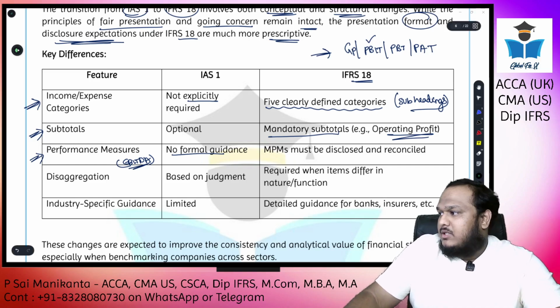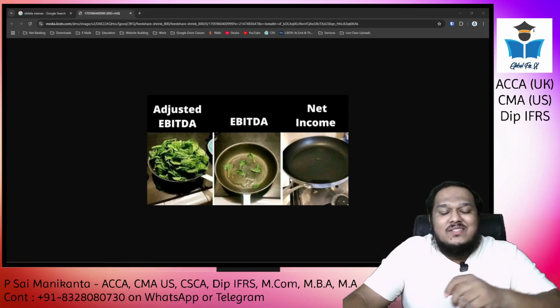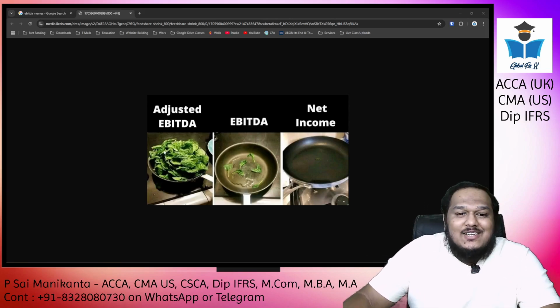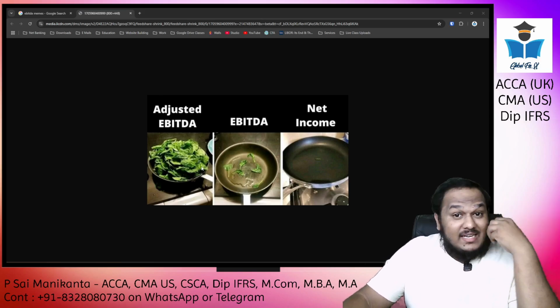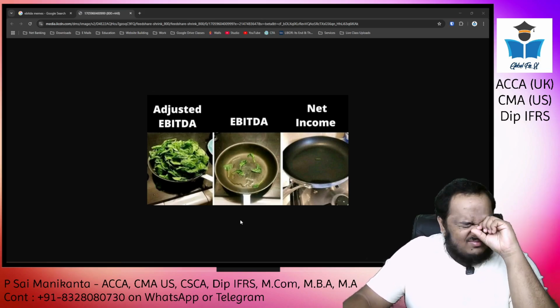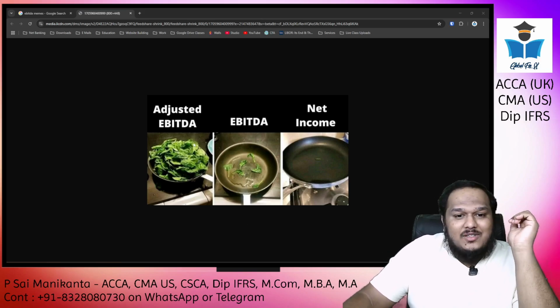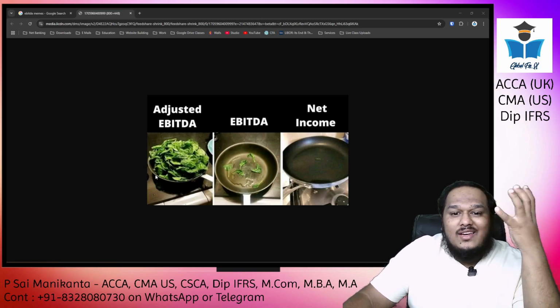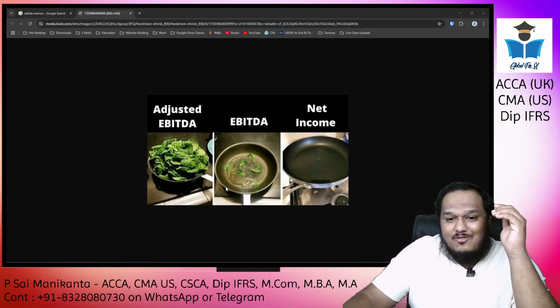Let me just search for a small meme. Yeah, this was one of the memes that was really interesting. You can see adjusted EBITDA, what the management would show. They make certain adjustments and show it in the management commentary section, the board of directors' report. Adjusted EBITDA, look, see how fulfilling it is. Actual EBITDA, unadjusted, pure EBITDA is just 4-5 years.